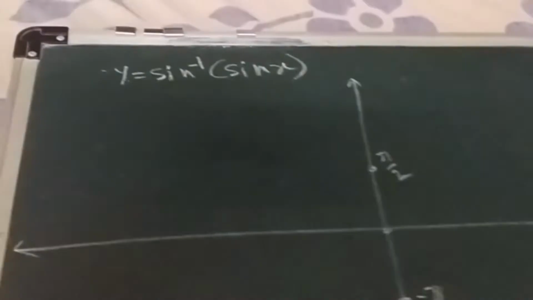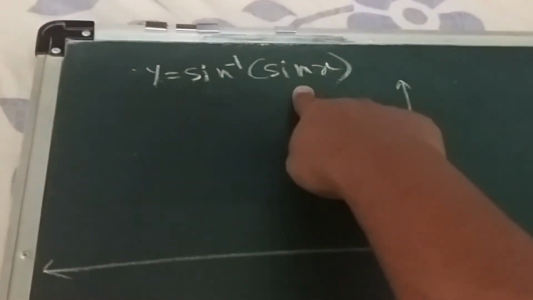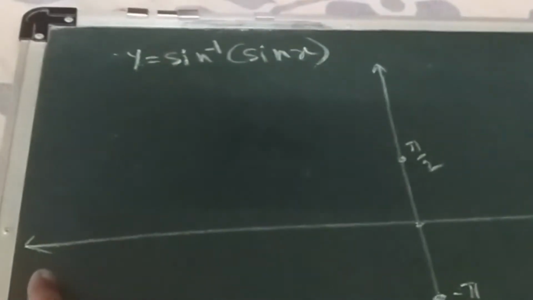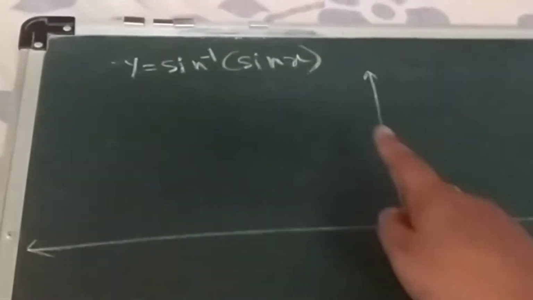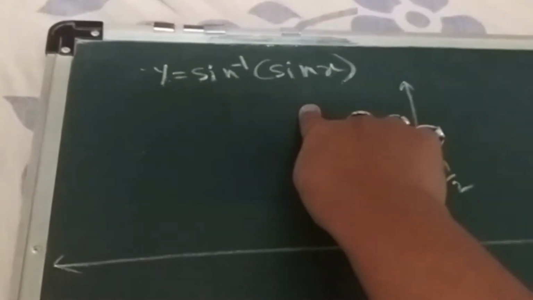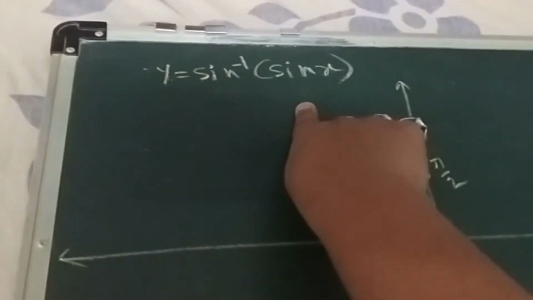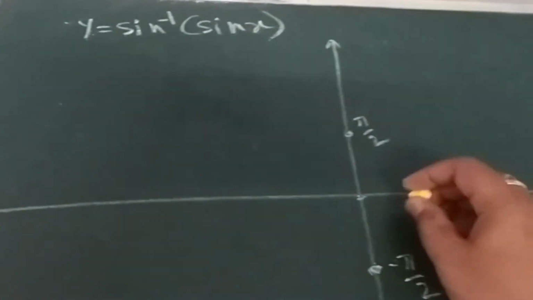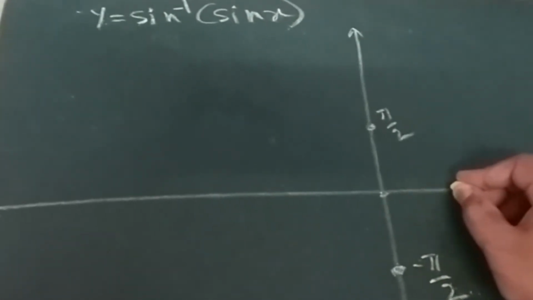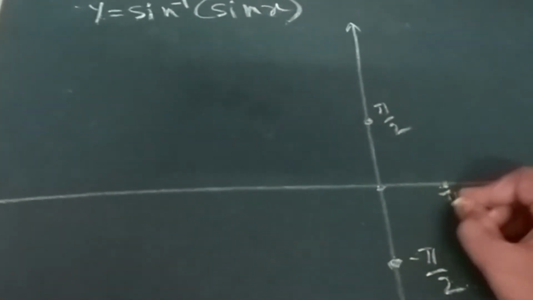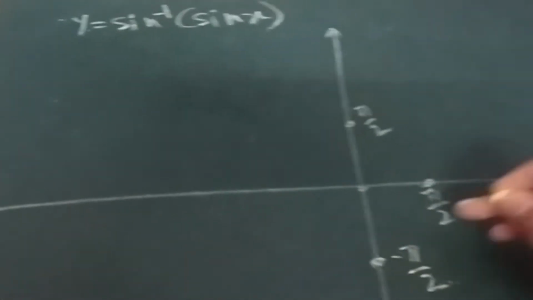But for sine x, the domain is real number. Okay, so I have to put angles here along x axis also. So here I have to put angles, means here it will be 90 degree, pi by 2.